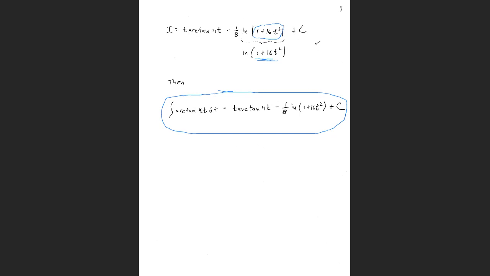And if you were to differentiate that right-hand side, you would end up getting the arctangent of 4t. I mean, you could check to see that it's true, but it's true.